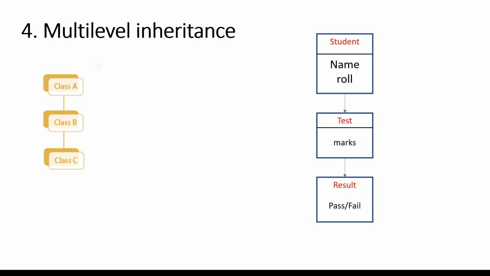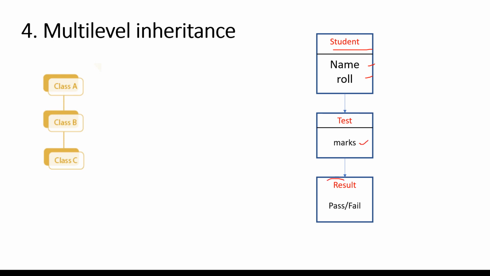The fourth type of inheritance is multi-level inheritance. Class A followed by class B followed by class C. So this is one example. You have a class student in which you have two variables, name and roll number. The second class is test class, which is derived from class student, having a variable marks.